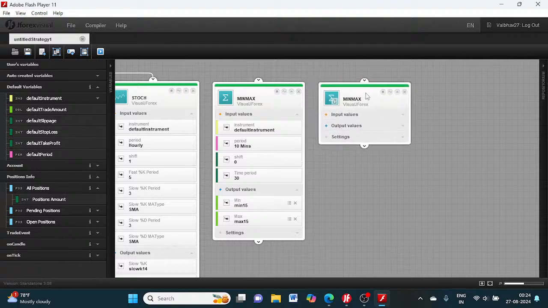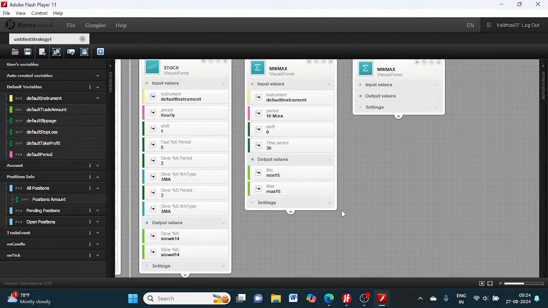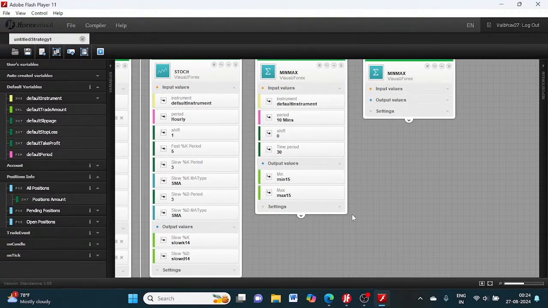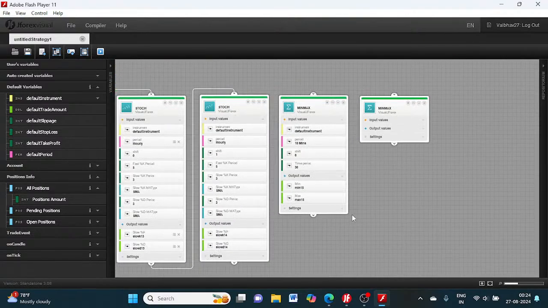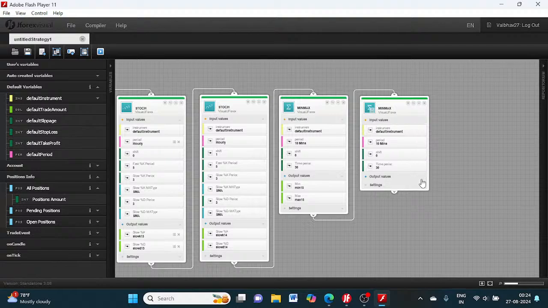Okay. Zoom out a bit to connect this. So we have to define the input parameters, then we get output parameters.